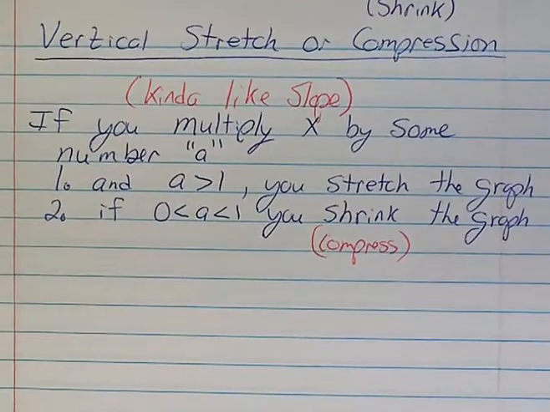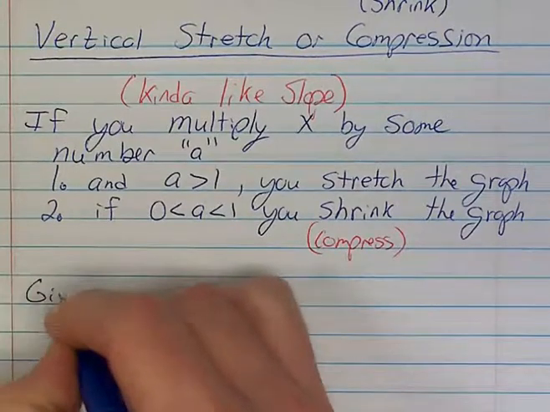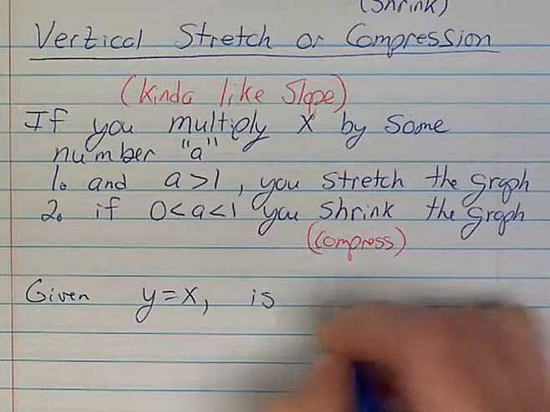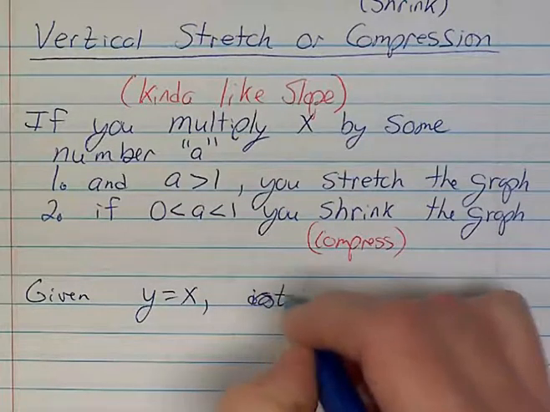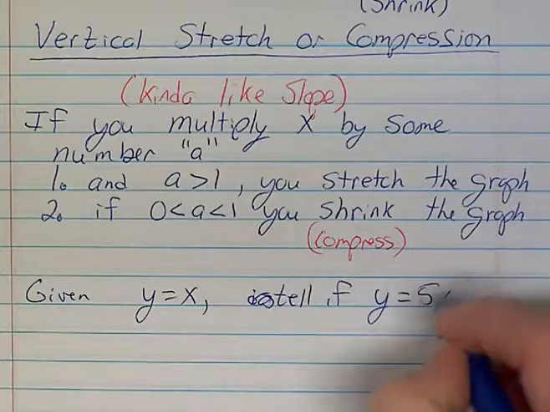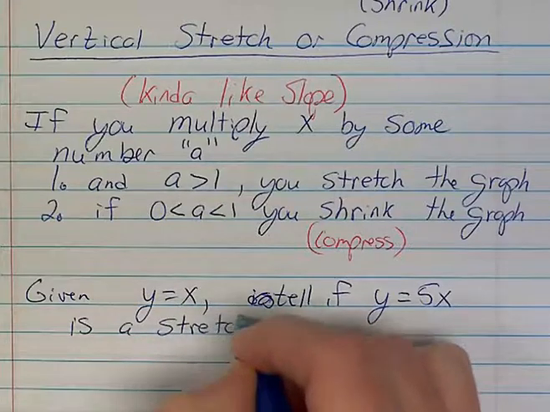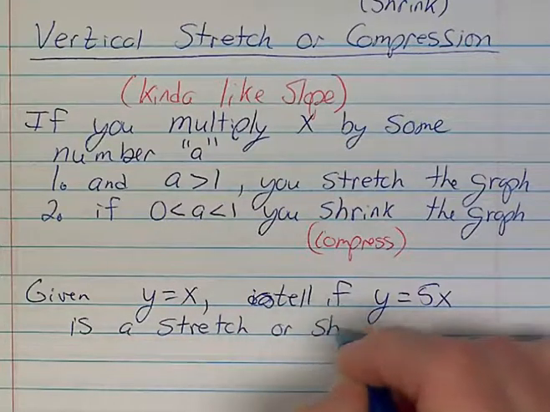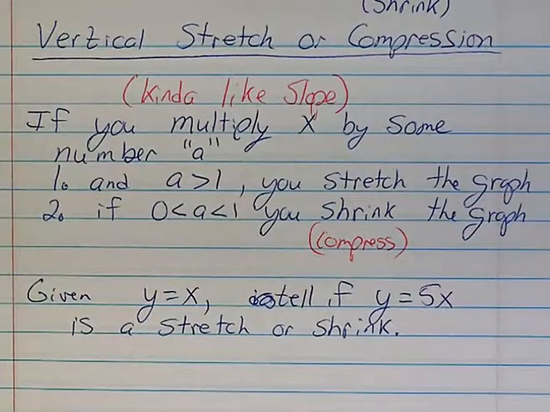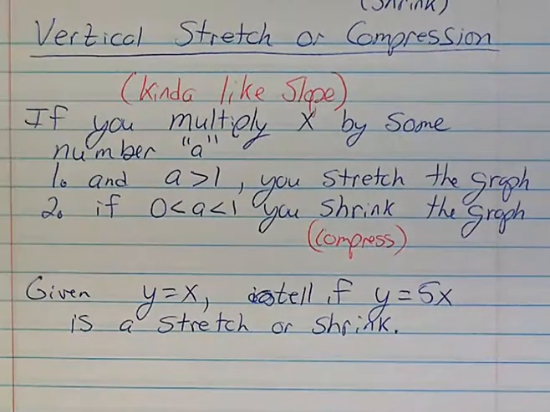And they're going to pretty much do one of two options. They're either going to give you just a basic equation and then give you a new equation and ask if this new equation, y equals 5x, is a stretch or shrink.